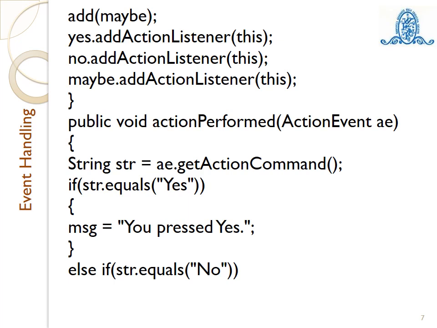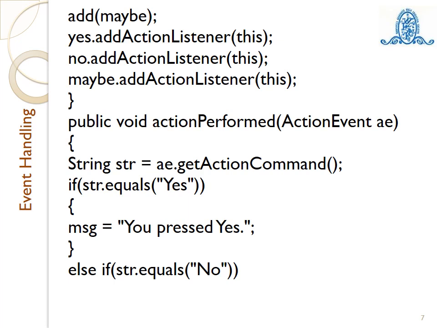Similarly for the other two buttons also we have to register the action listener, as no.addActionListener and maybe.addActionListener. So the whole code is written inside the init method. Then the method which is defined by the action listener interface is declared as public void actionPerformed(ActionEvent ae).